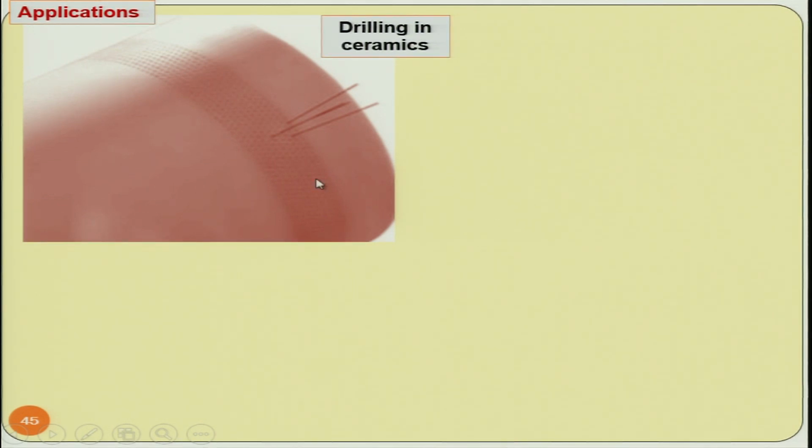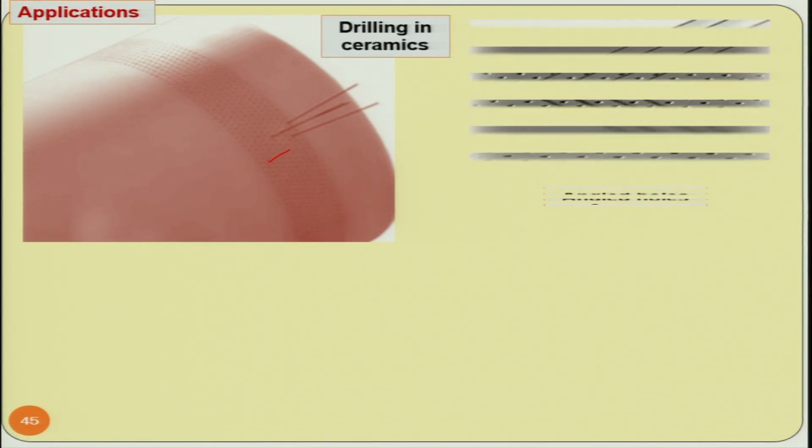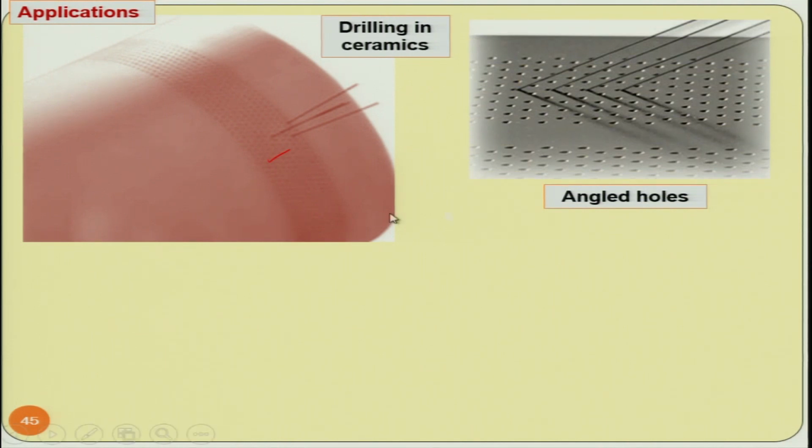Now this is a ceramic material, not very clearly visible, but these are the holes, you can clearly see them. Here there are many holes in the ceramics which have been drilled. The ceramic contrast is not very good, but the very important thing you have to see is that these are angled holes, meaning they are not straight-sided holes.